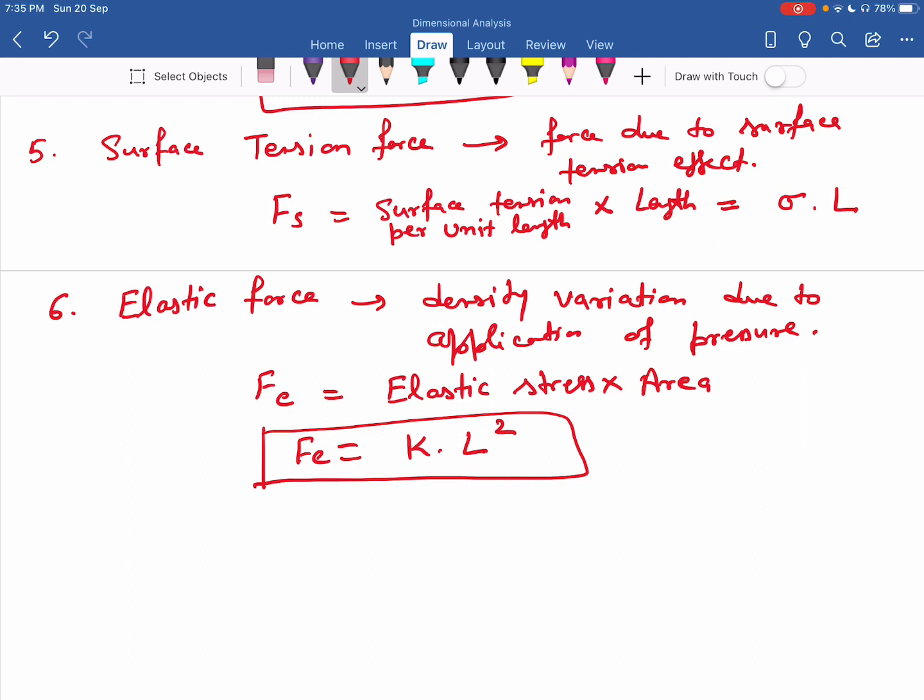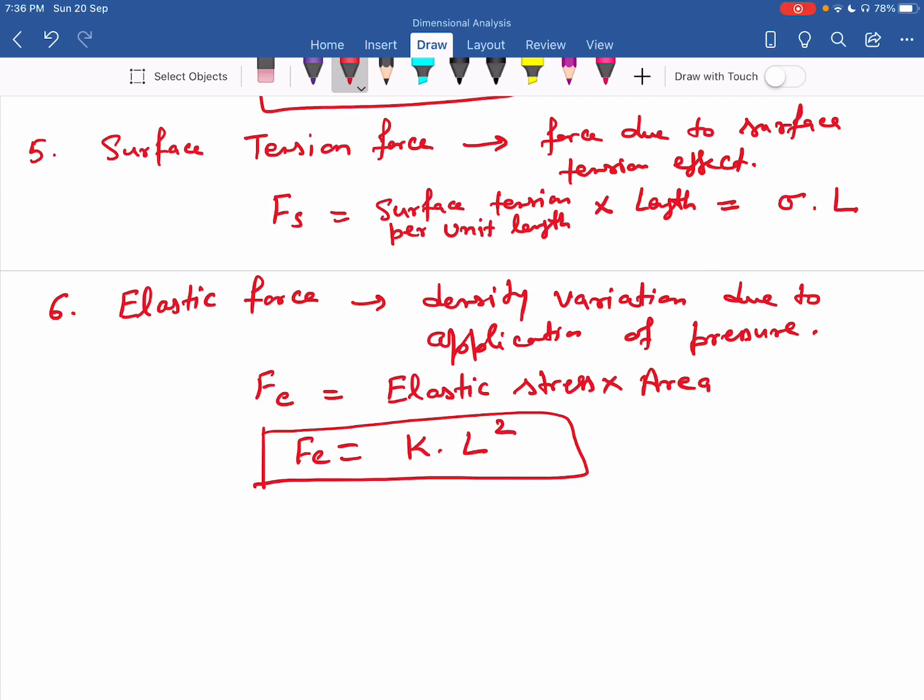Say for example, in case of laminar flow, the viscous force is more dominant. In case of supersonic flows, the elastic force is more predominant. In case of flow through a nozzle, the gravitational force is more predominant.